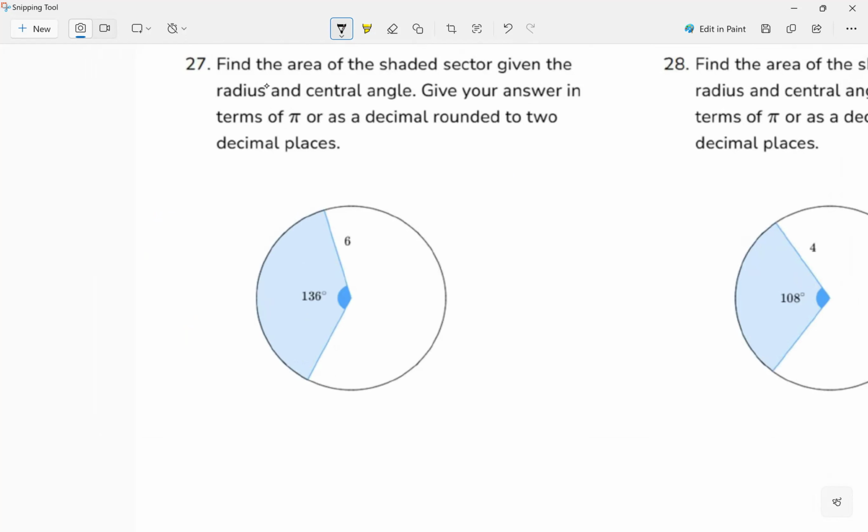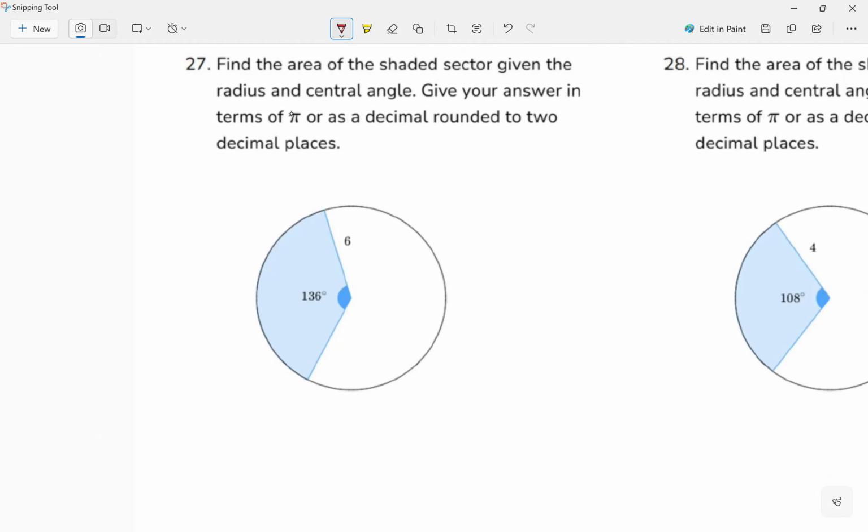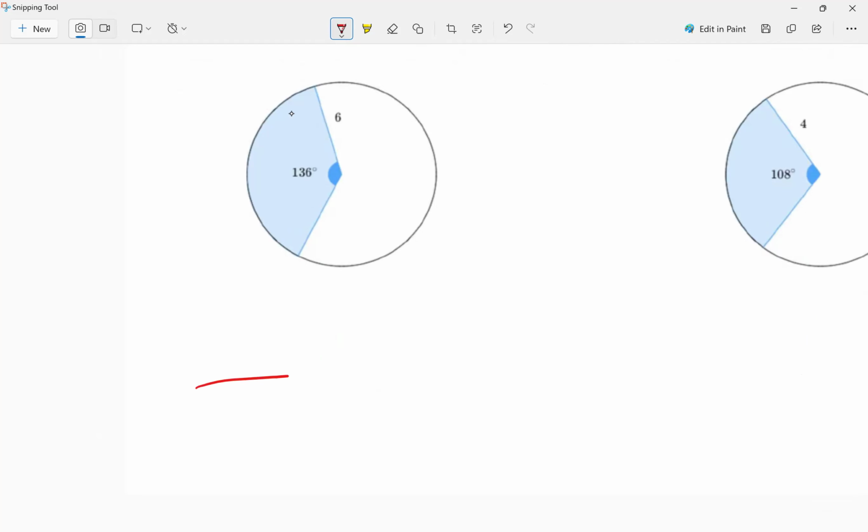Remember, we just learned our ratio now. So find the area of the shaded sector. Let me set two fractions equal to each other.